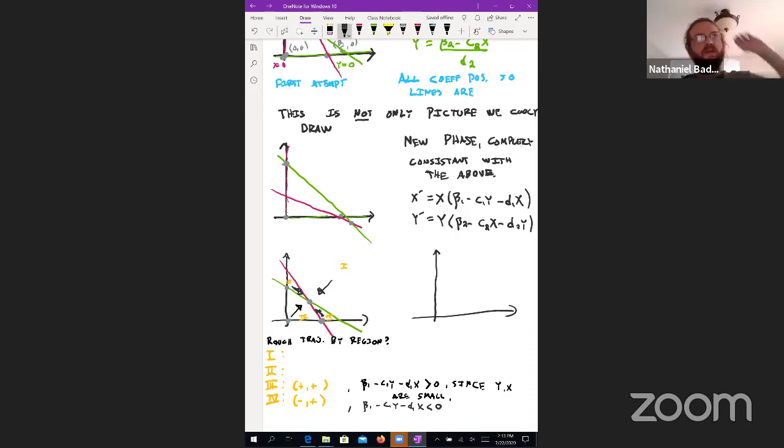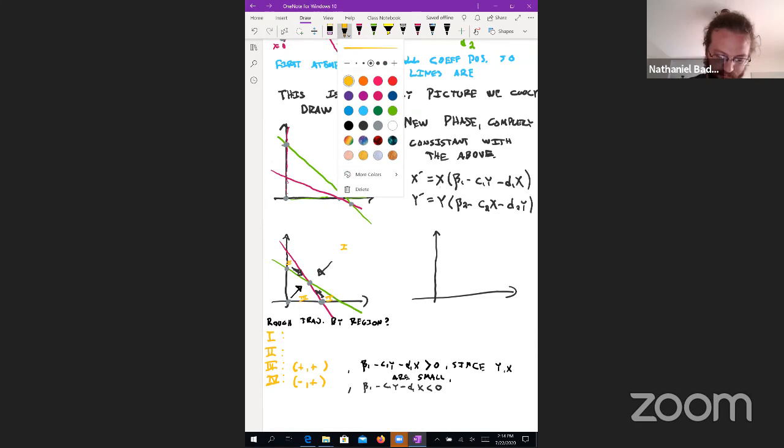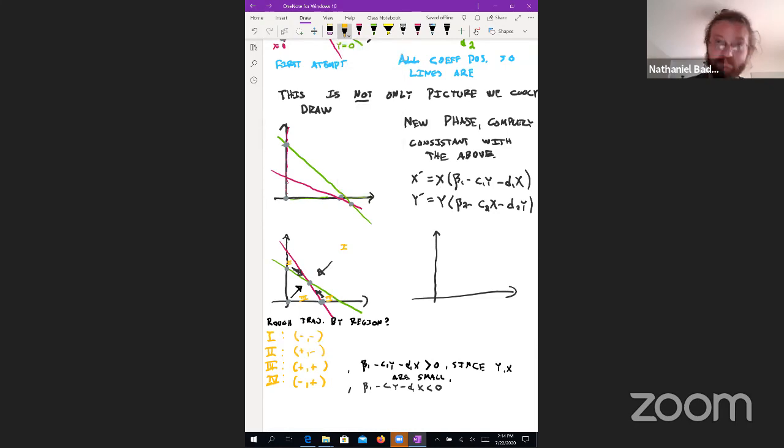And so without doing any work here, it's pretty hard to understand this central point as anything but what kind of equilibrium? A stable node, exactly. So the equilibrium is a stable node.